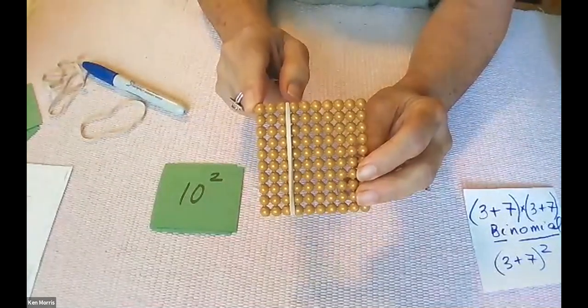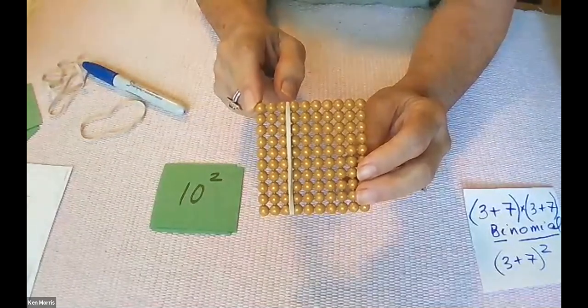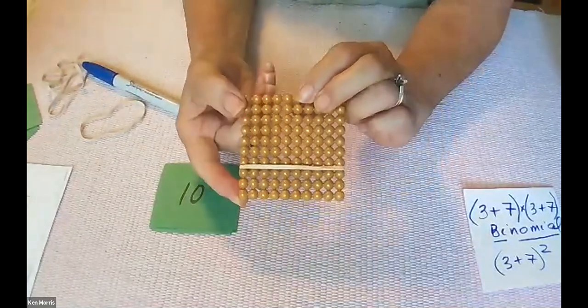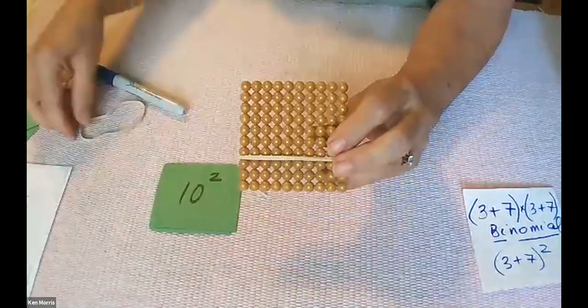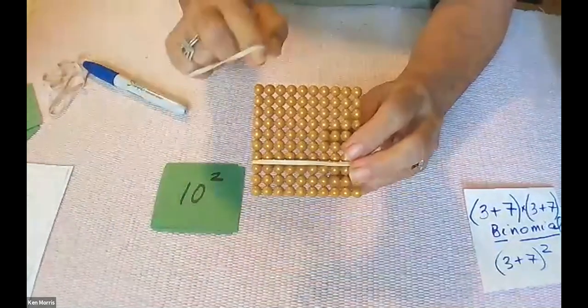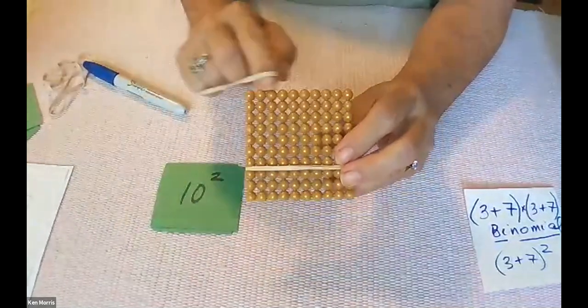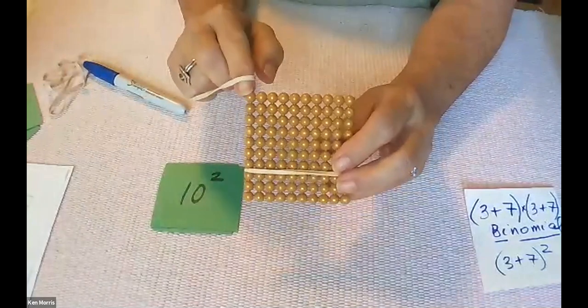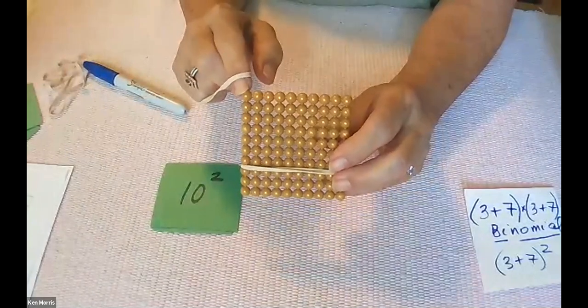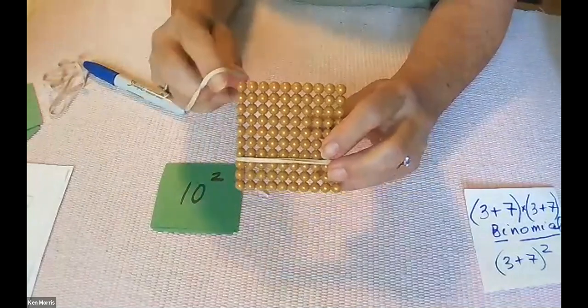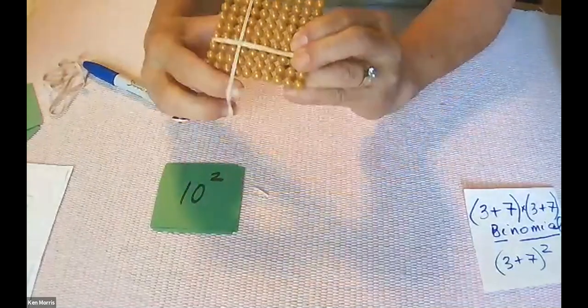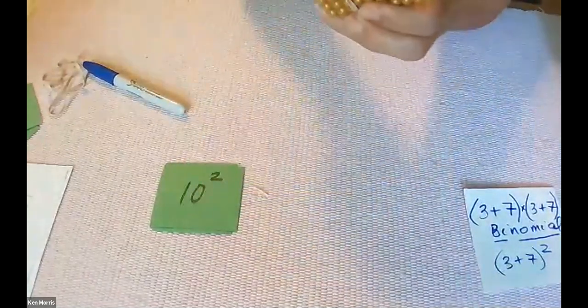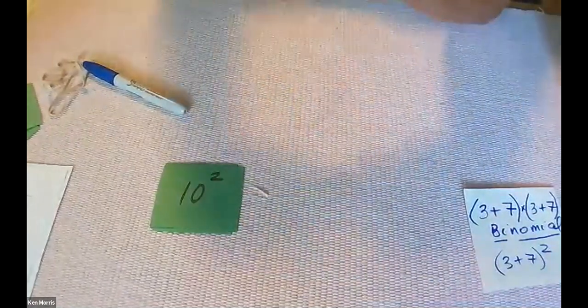Then I'm going to turn my square, get another rubber band, and break this up into 3 plus 7 as well. So I'm going to count over 3, and tighten my rubber band.